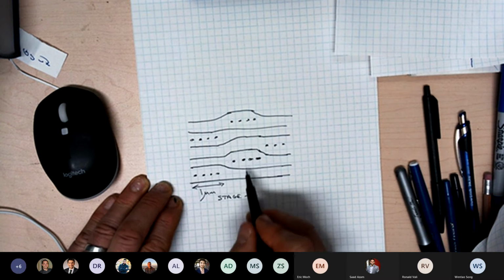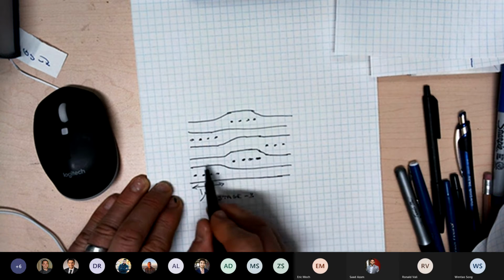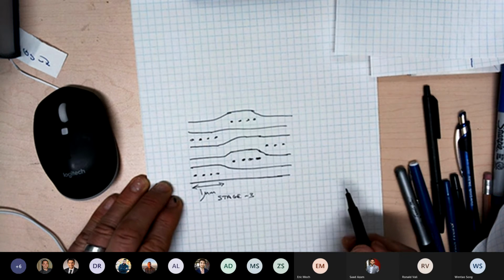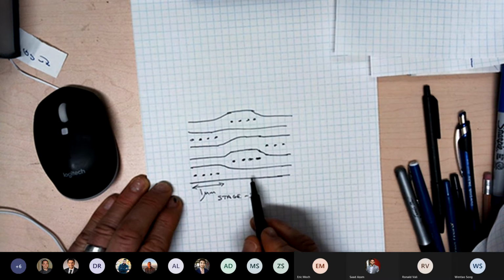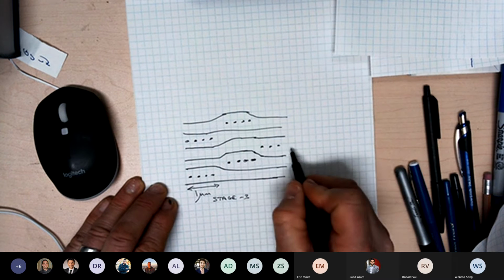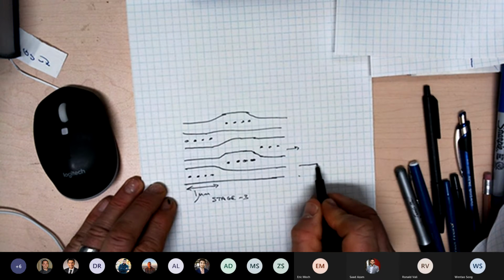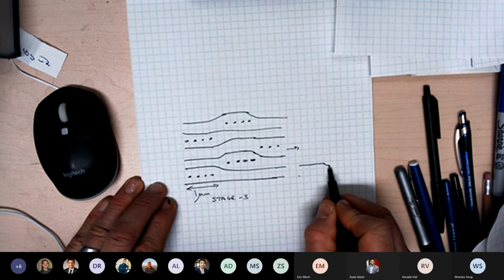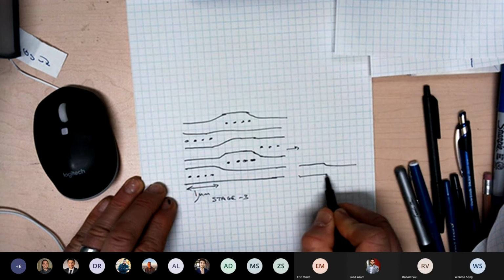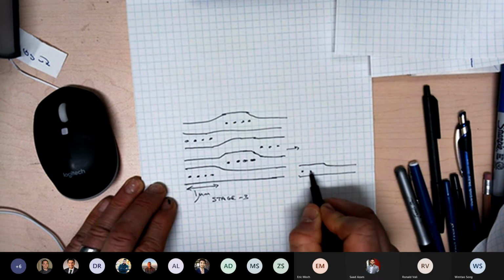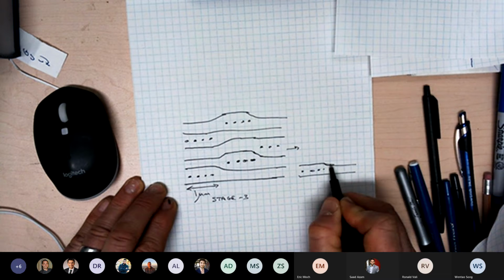So the thing is, in stage 3, every layer has the same amount of lithium in it. So to go to stage 2, all you have to do is do this. So that lithium redistributes itself as you add more.